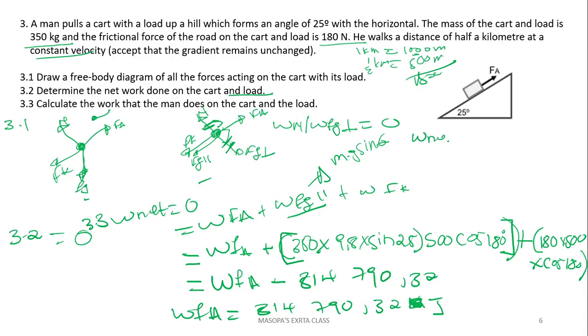So remember, I said in the previous video that with constant velocity we can go from the net work by the net force, meaning that you have to look for F net delta x cos theta. That means you have to look for the F net.